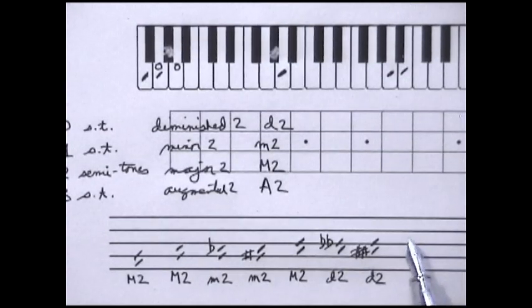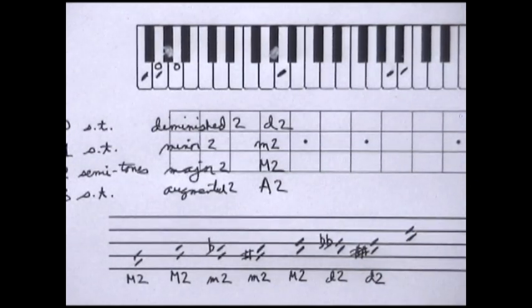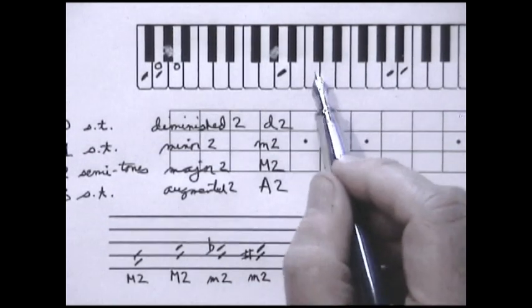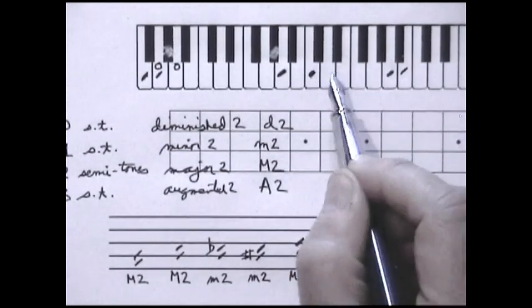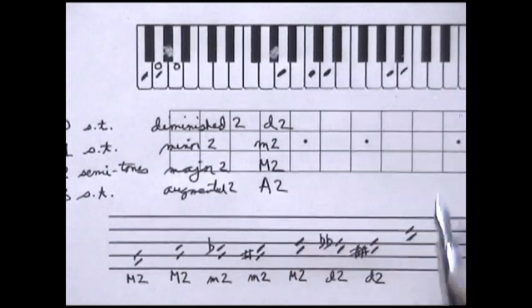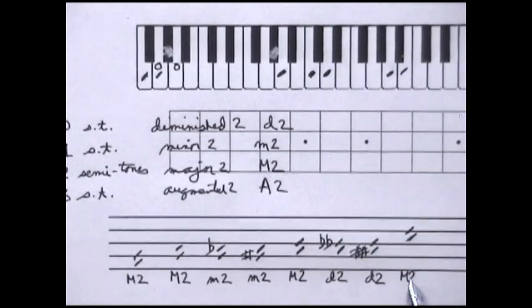So let me pick a C and go to the next line to give me a second. This is from C to D. That's 2 semitones. That's a major second.